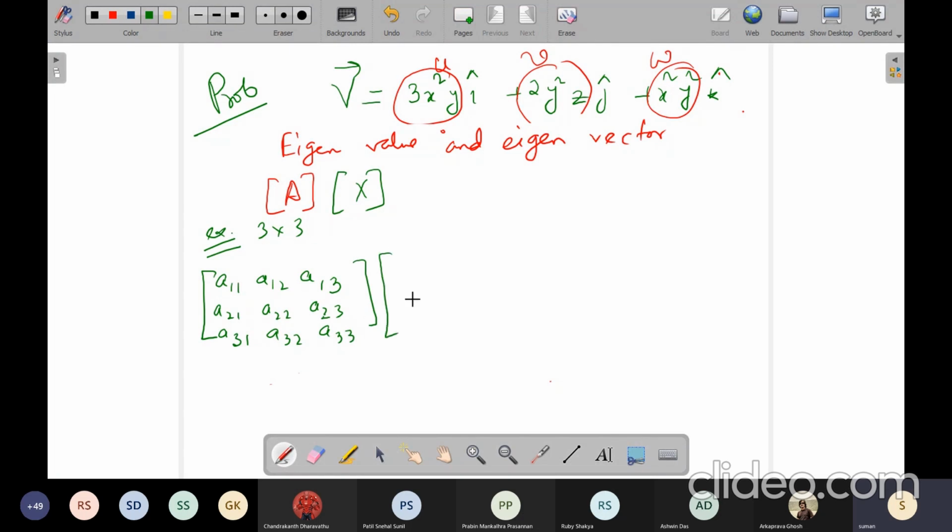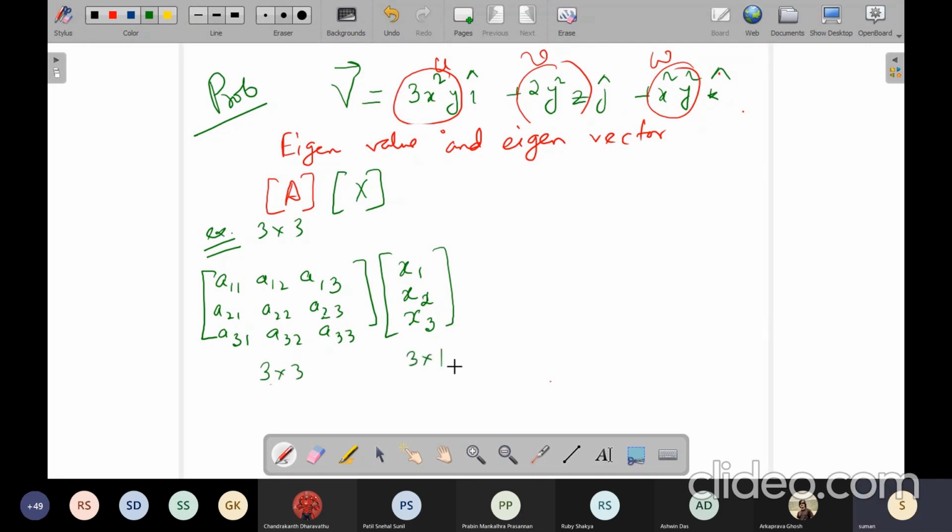And x is a vector. It is having its components x1, x2, x3. So this is 3 by 3. This is 3 by 1.